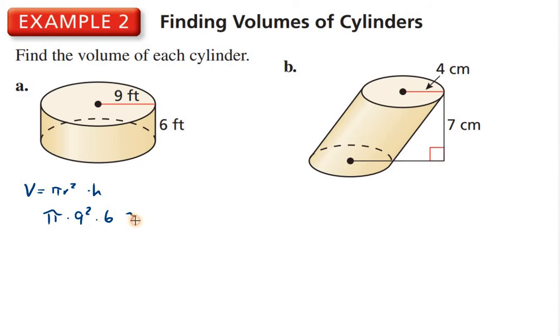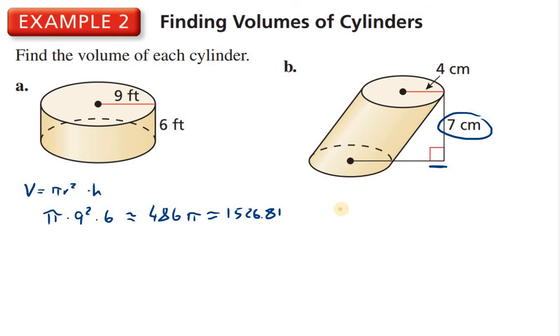That gives me exactly 486 pi, or approximately 1,526.81. In this case, we're using this as the height because we always need the right angle.